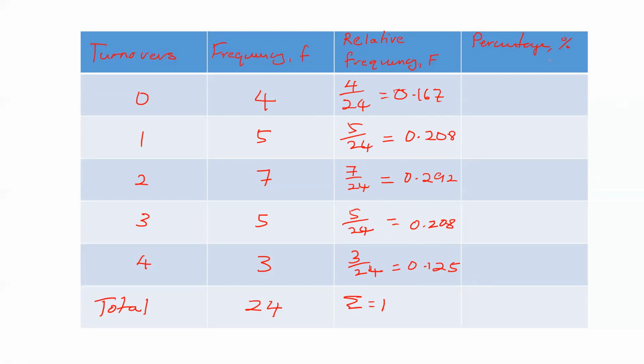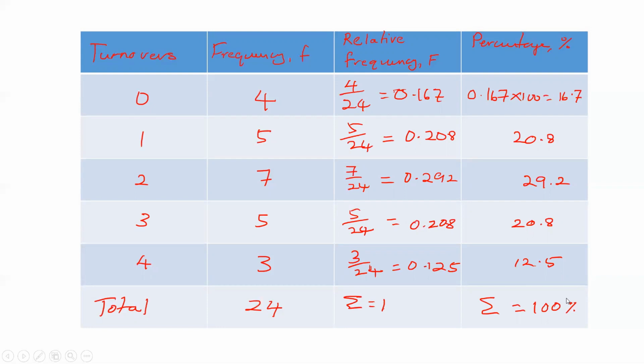The percentage is pretty easy. You just take the relative frequency and multiply it by 100. For example, 0.167 times 100 gives 16.7%. The same applies to the others: 20.8, 29.2, 20.8, and 12.5. When you sum up, you get 100%.